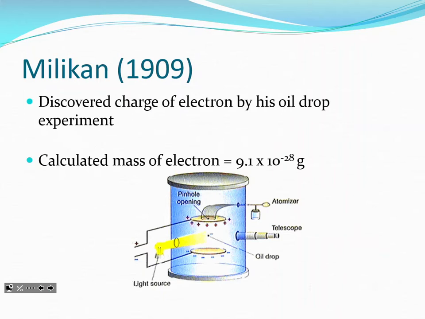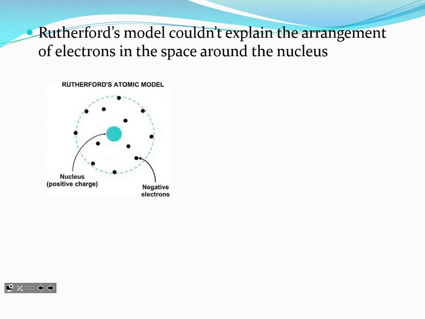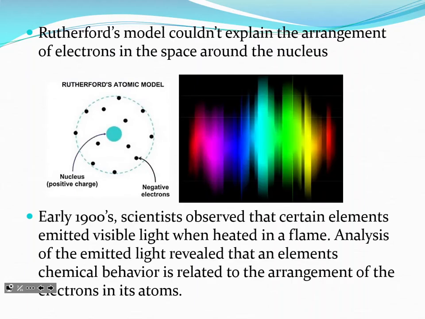However, a few of them bounced and deflected in different directions, the alpha particles being positive, and positives repel other positives, so that's how the idea of the distinct positive center came into being. And he gave us the nuclear model. Nucleus in the center, electrons around it. Although he couldn't really explain where those electrons are or where they're going, so we're going to get into that part of the quantum mechanical model.